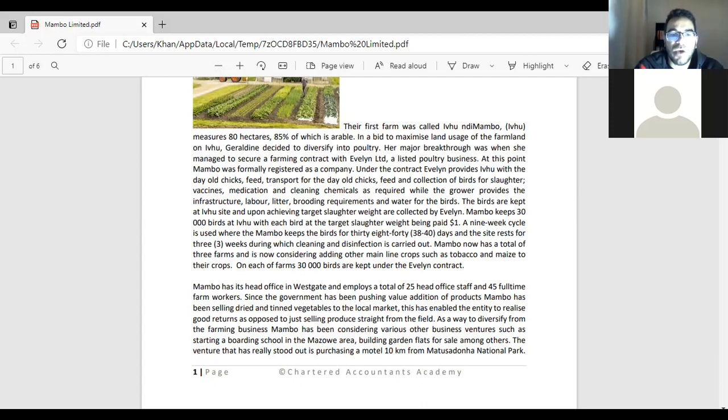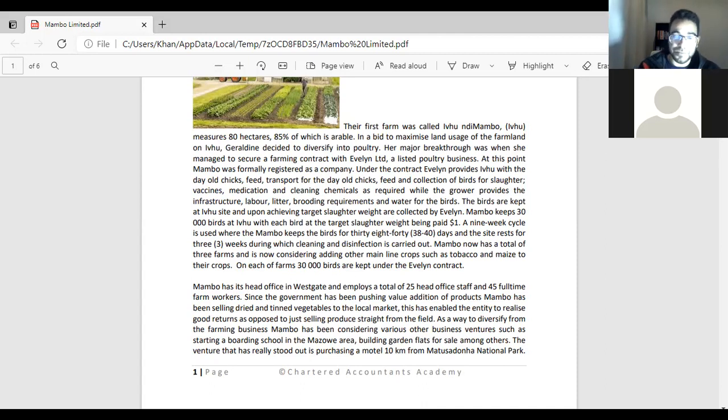Mambo now has a total of 3 farms and is considering adding other main lines of crops such as tobacco and maize. On each of the farms, 30,000 birds are kept under the Evelyn contract.